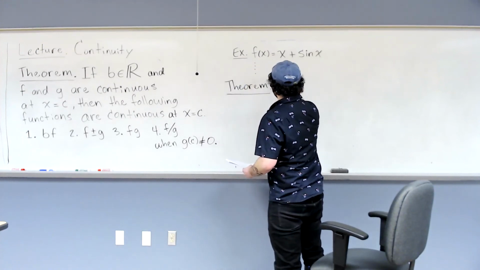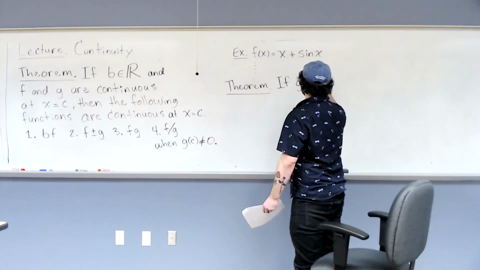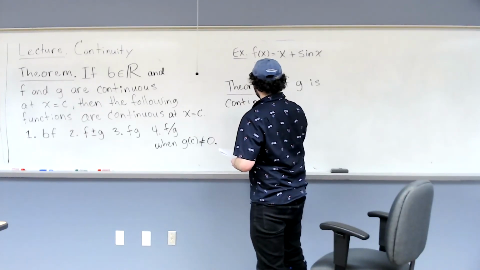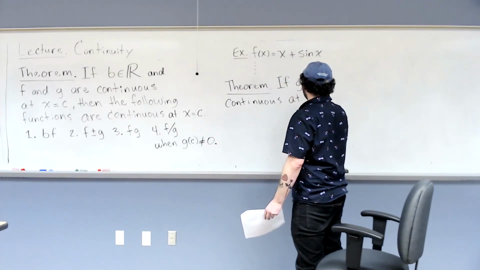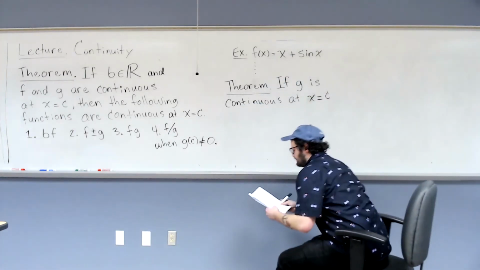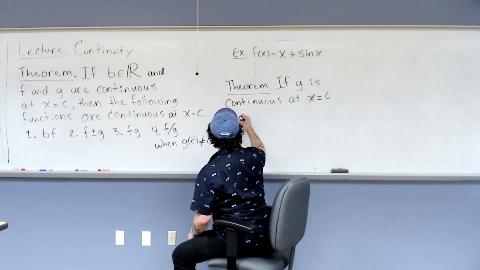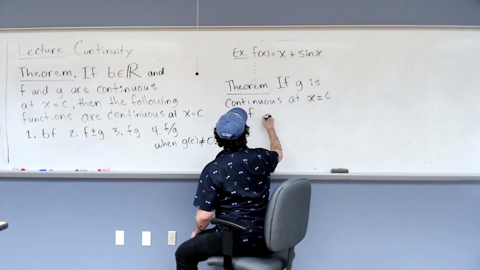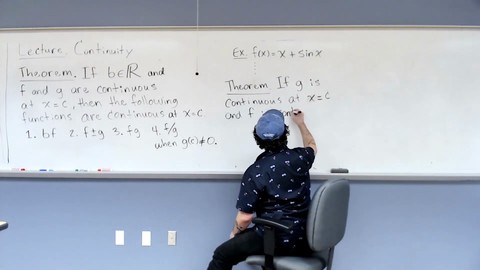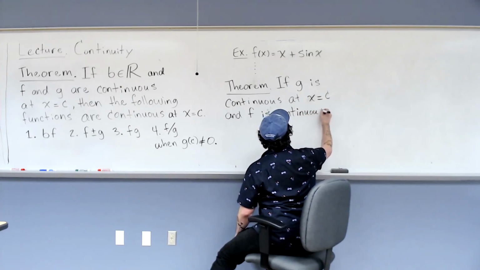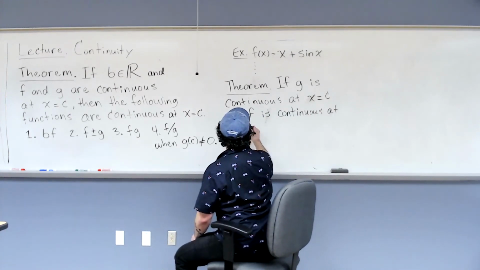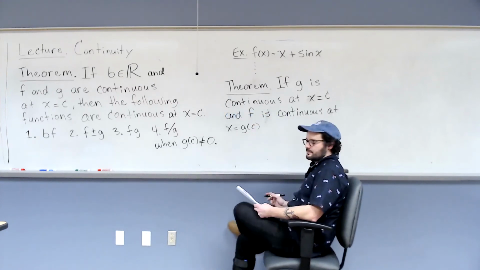So if G is continuous at c, let's say x equals c, and F is continuous at x equals G of c, right?